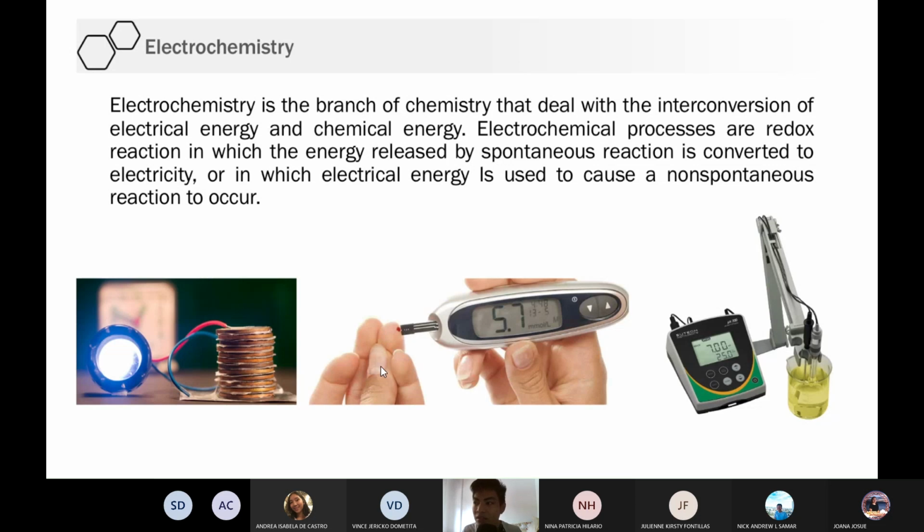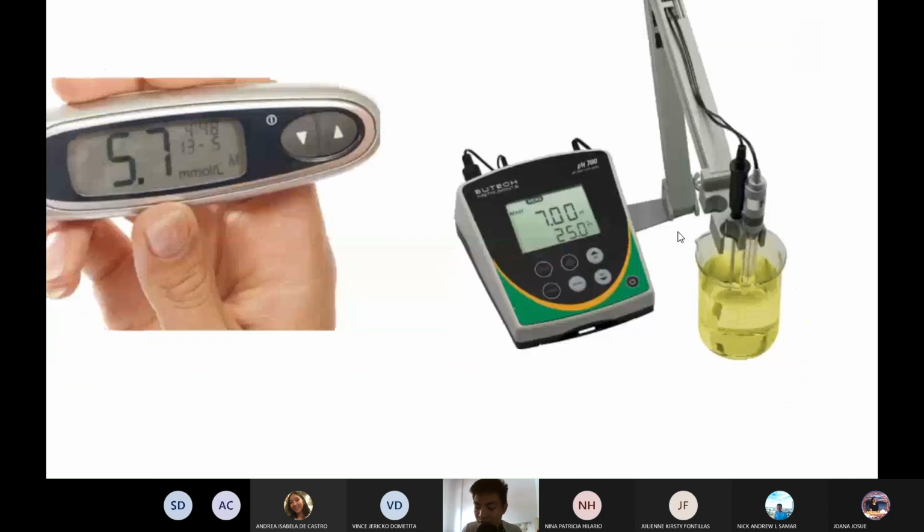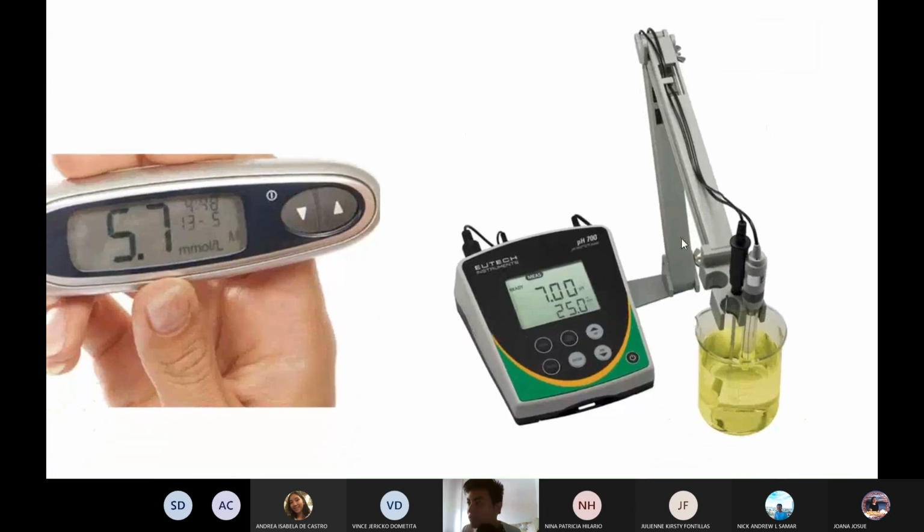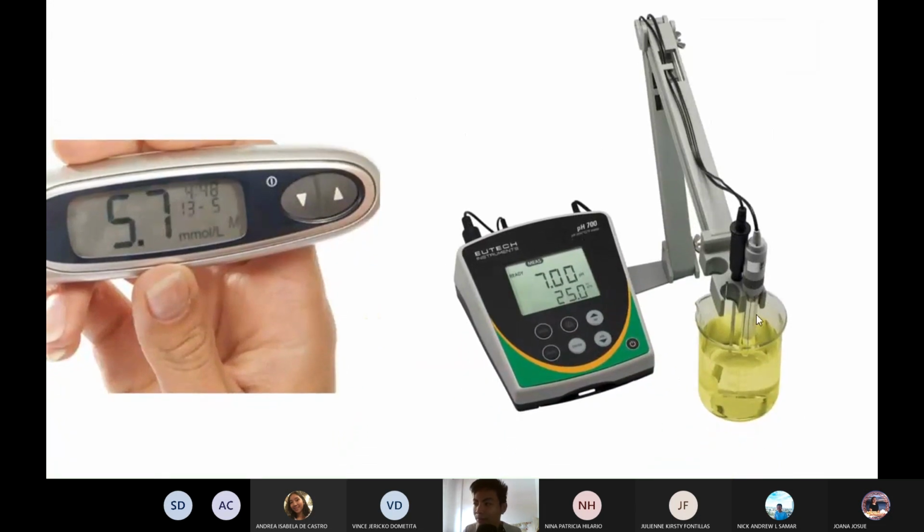It makes use of electricity to measure chemicals. Okay? Same as with pH meter. I think nakagamit na nito yung karamihan during your junior high or senior high, you know? So in the pH meter, what we do is that we submerge this probe into the solution.